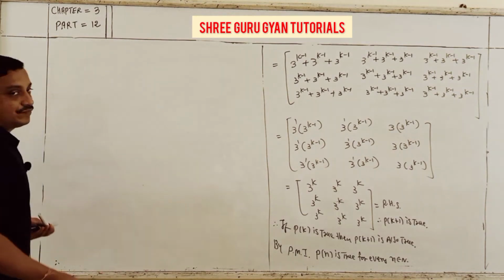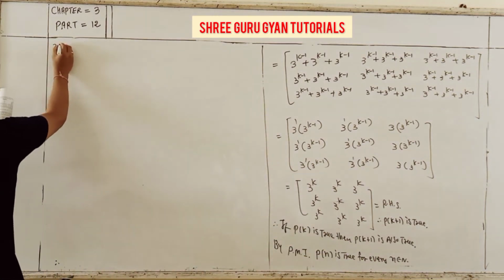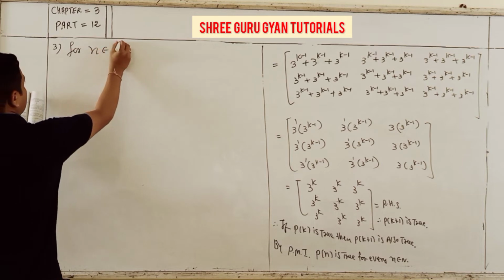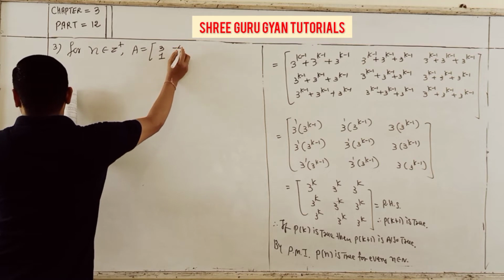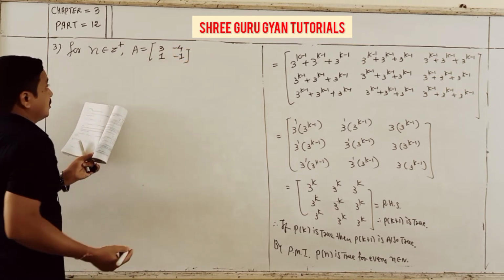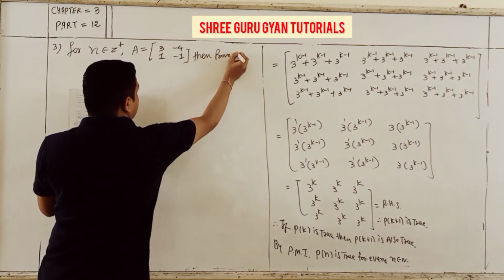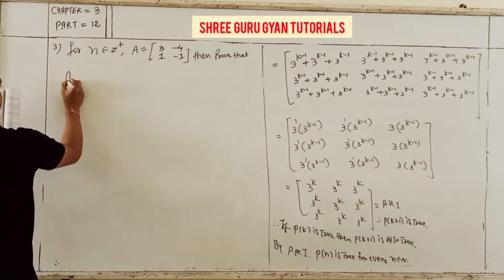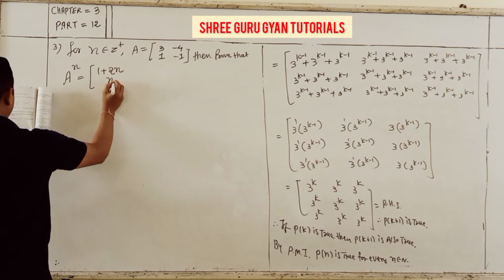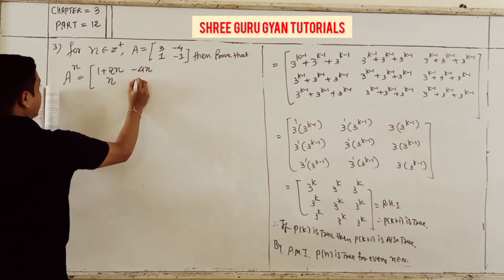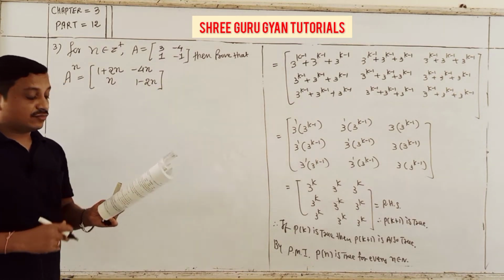Third is also going the same way. By PMI, prove for every positive integer n, if A becomes [3, 1; -4, -1], then prove that A raised to n is [1 plus 2n, n; -4n, 1 minus 2n].